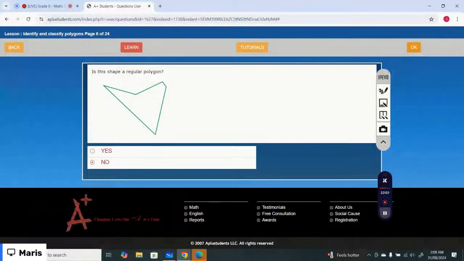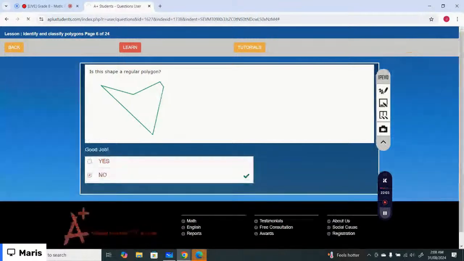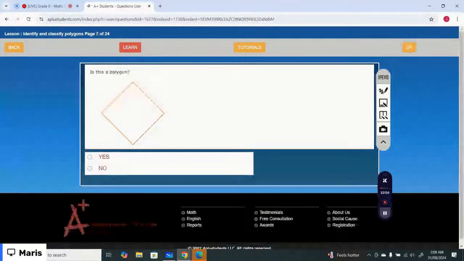So the correct option is no. Is this a polygon? The correct option is yes, that is a polygon.